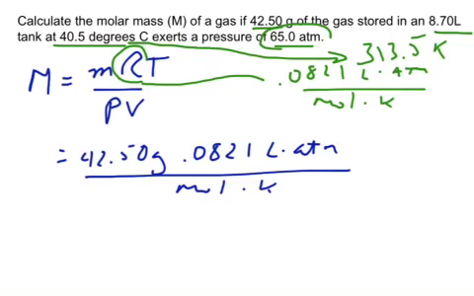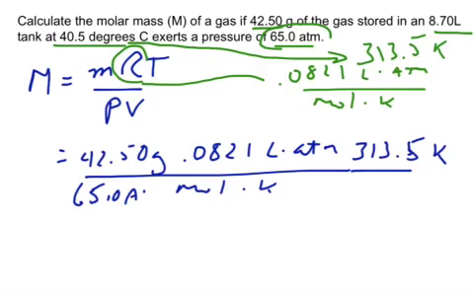Then finally, we have to have a temperature. We said that was 313.5 Kelvin. And then the next thing we have to do is put pressure in. Pressure is 65.08 atmospheres. And then we have to get a volume. The volume is 8.70 liters.